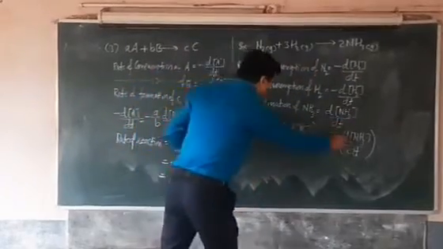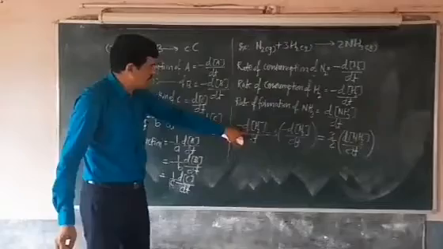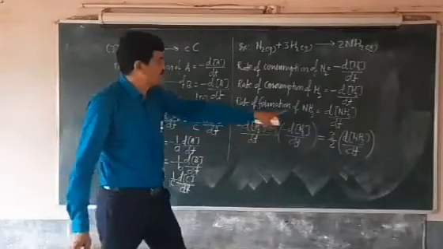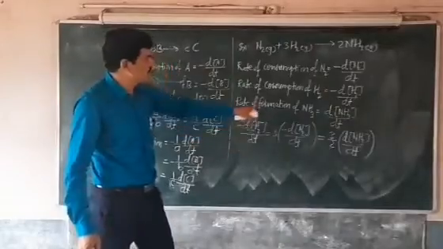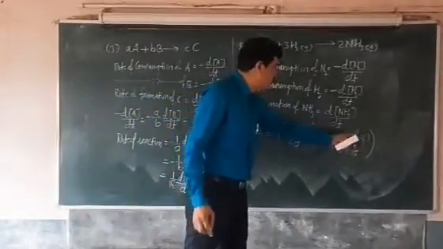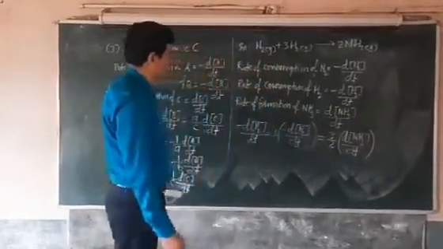These two are related with each other. Here this is the rate of consumption of hydrogen and this is the rate of formation of ammonia. The rate of consumption of hydrogen is 3 by 2 times the rate of formation of ammonia.